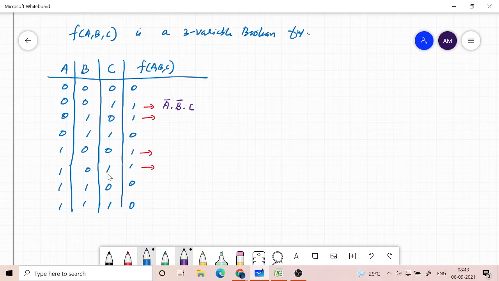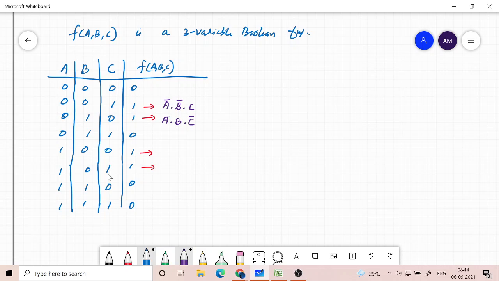Similarly, I can write the next term: A bar dot B dot C bar. When the output of A bar dot B bar dot C is equal to 1, that is the case we are talking about, the first case.